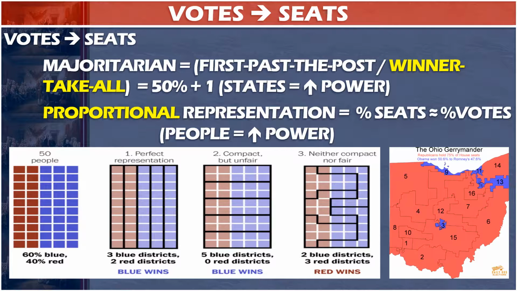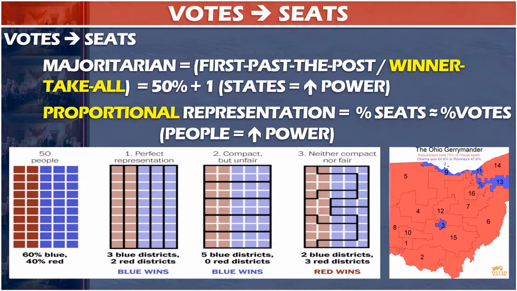If we had a perfect representation system, such as proportional representation, and we had 5 representatives from this group of 50 people, you should have 3 blue representatives and 2 red representatives. And you can do that by dividing it so 3 districts are all blue and 2 districts are all red, which basically leads to a fraction of representatives that's equivalent to the fraction found in the general public.